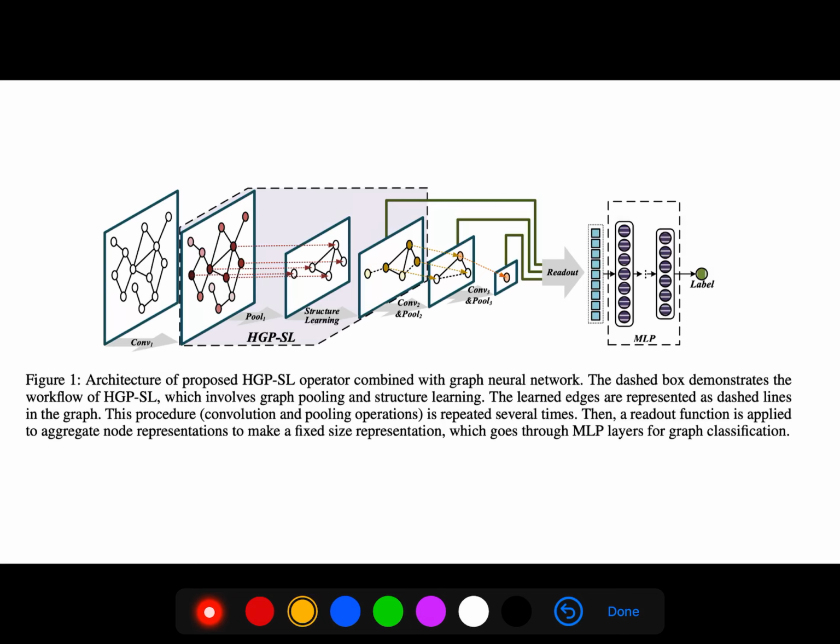This procedure is repeated several times. Then a readout function is applied to aggregate node representations into a fixed-size representation, which then goes through an MLP, and then you have your graph classification.